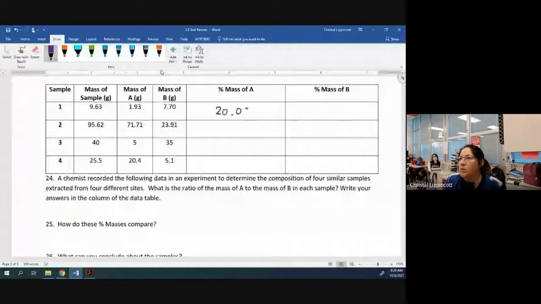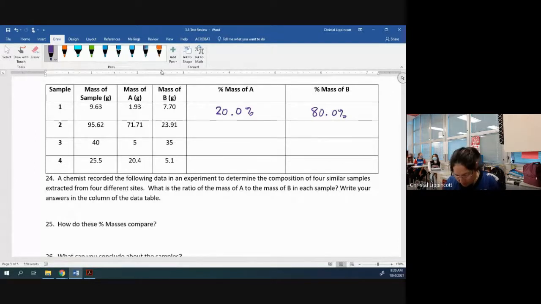If this is 20% and there's only two components, what does that mean this is? 80%. You could run the math if you wanted to, you could take this and divide by this, but that's a little bit faster. If there's two components, you can do that. If there's more than two, then you can't do that.